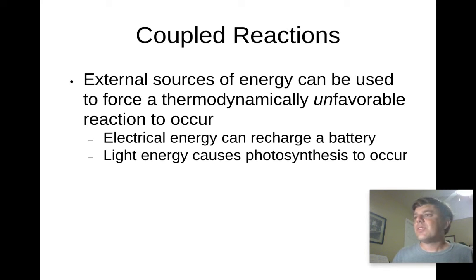Or, for instance, cellular respiration is thermodynamically favorable because we're all alive right now. But light energy from the sun can cause the reverse reaction, photosynthesis, to occur by taking external energy and coupling it with a chemical reaction and driving it in the forward direction.